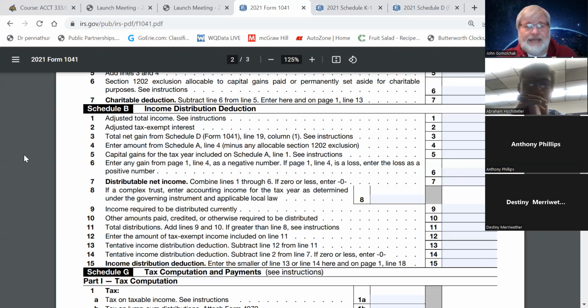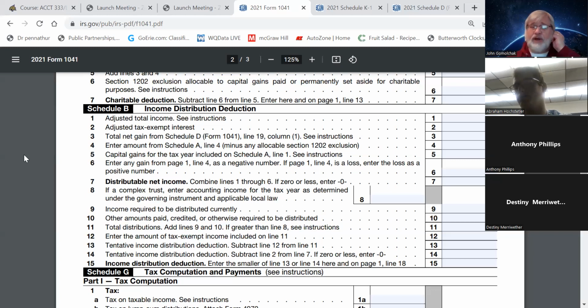So therefore, line 6 says enter any gain from page 1, line 4 as a negative number. We then make a negative $5,000 entry here on line 6, which then says, okay, when we do the combination of all of the numbers here, the $15,000 was overstated by the $5,000 of capital gain income, which we're not going to distribute. So it's going to be the 15,000 minus the 5,000. That'll give us the $10,000, which according to trust law, according to the document, has to be distributed, or at least is available to be distributed.